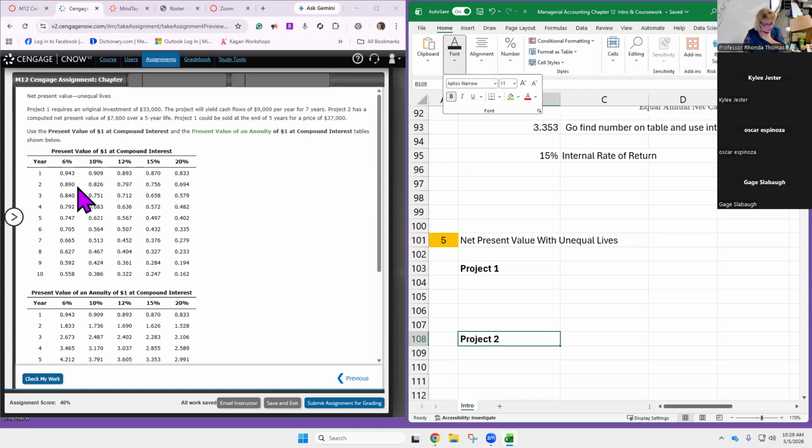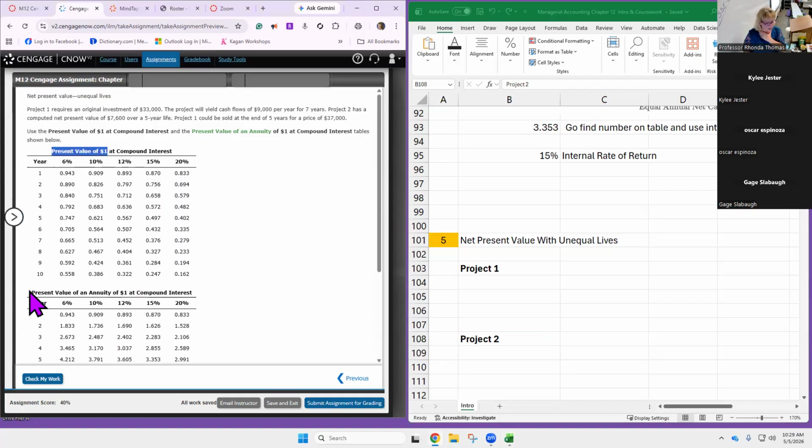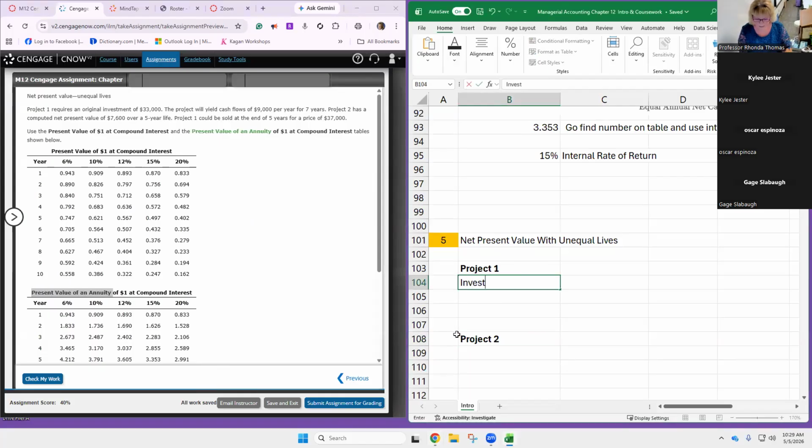Now notice, this one is the table of the present value of $1. This one is the present value of an annuity. So when we can use it, we'll use it. When we can't, we'll just have to go with it. This one has an investment. Let's put the investment down for each of the projects.